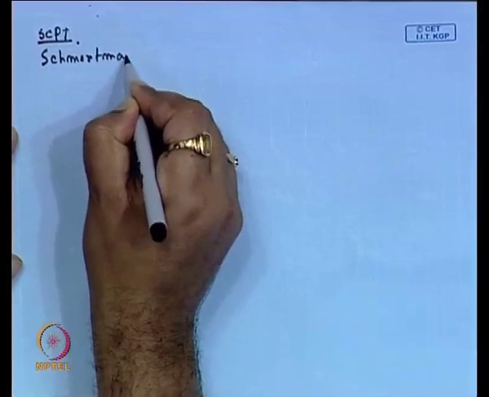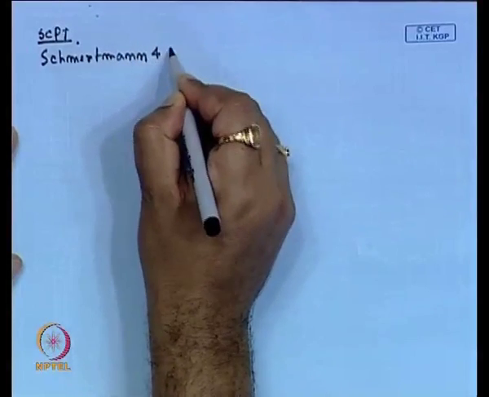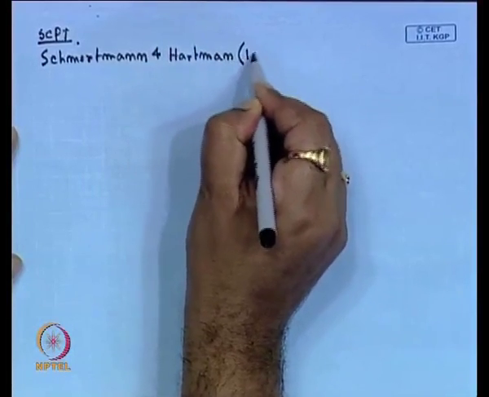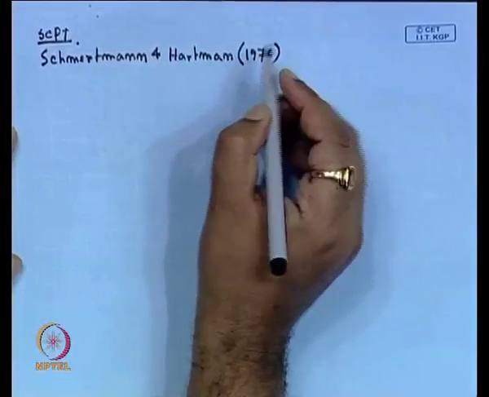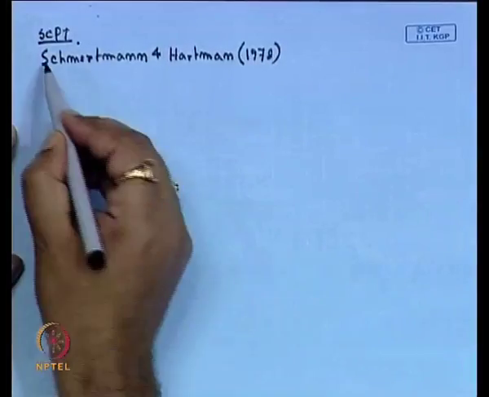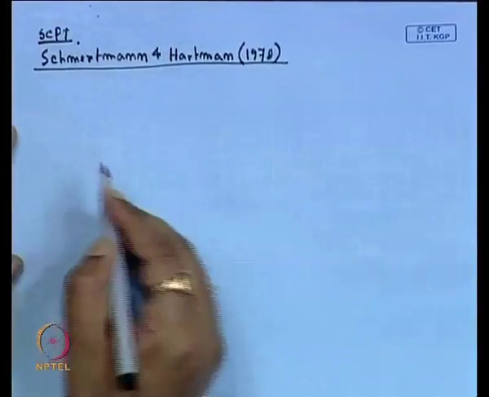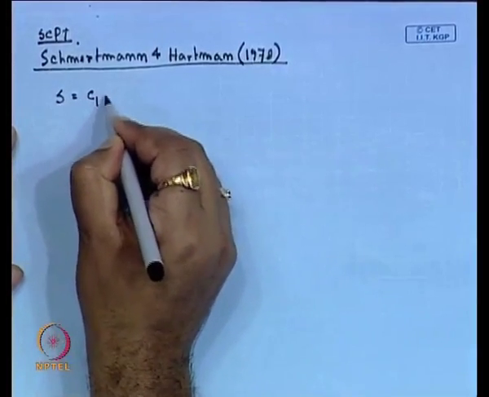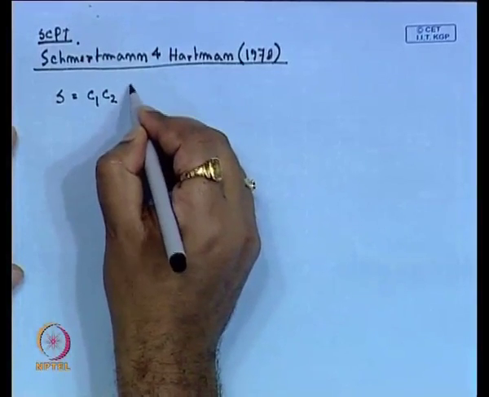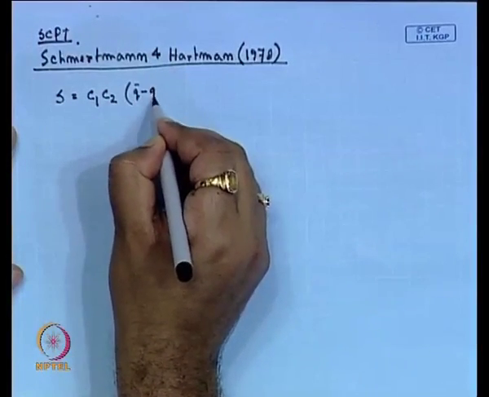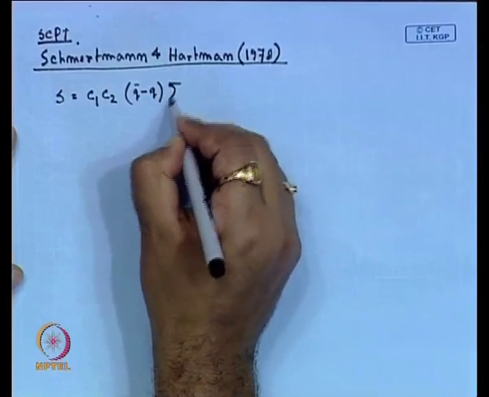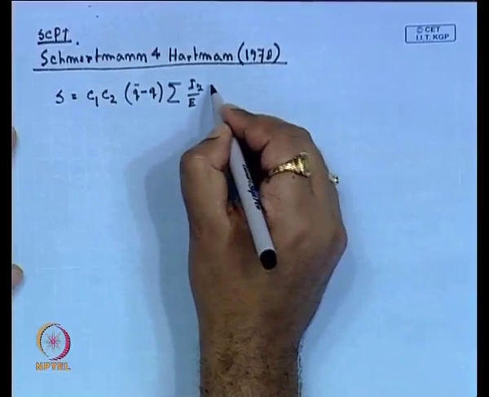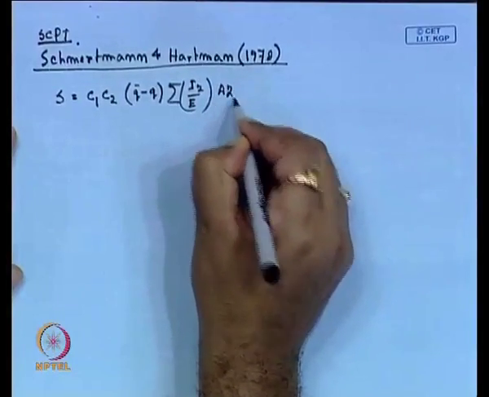Schmertmann and Hartman in 1978. According to their procedure, the settlement is C1, C2, (q bar minus q) into summation of Iz by E into del z.